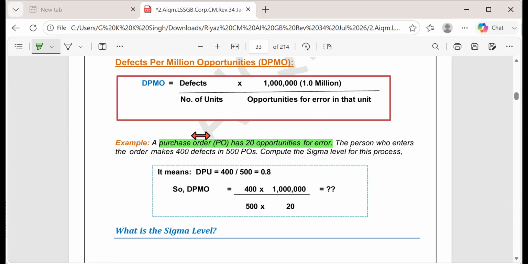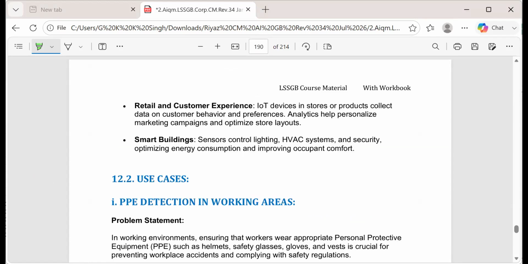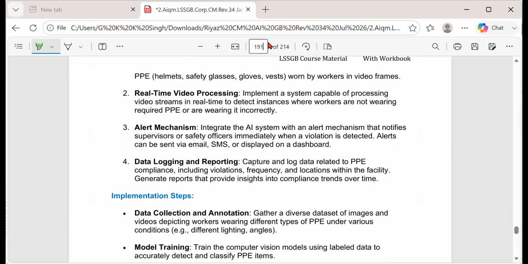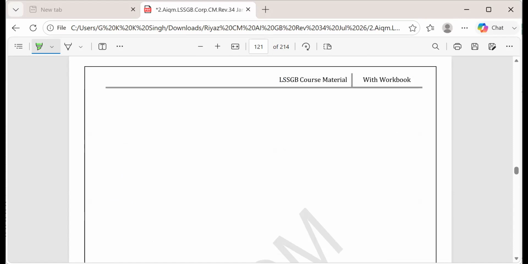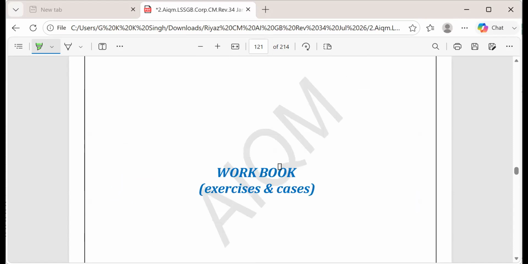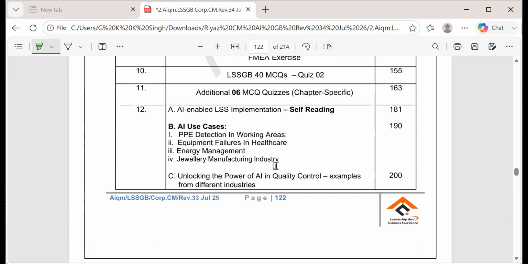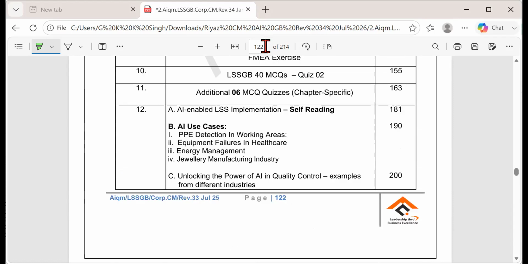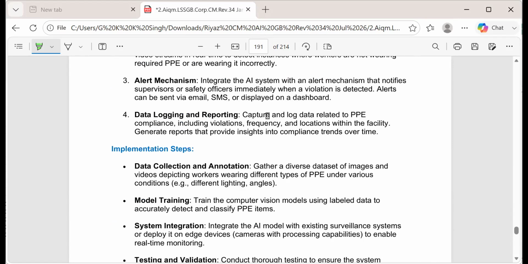So for that, please go to the workbook page 190, 191, 192.